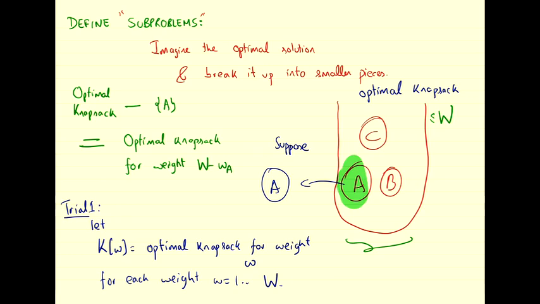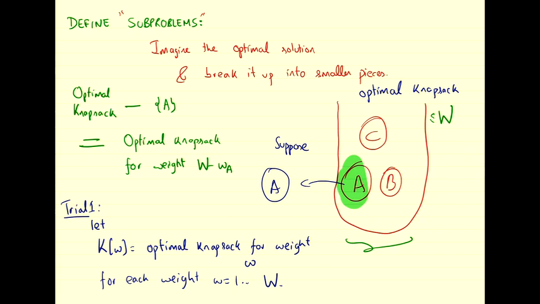Yes. Can you assume anything about the A that you're removing? So is it the least valuable or the most valuable item? Or just the type item? Yes. The question was, what am I assuming about the element that I removed? I'm not assuming anything. I really don't know which item is part of the knapsack.